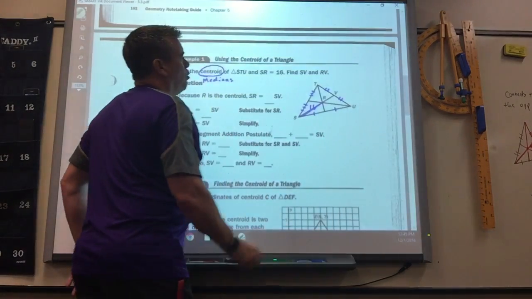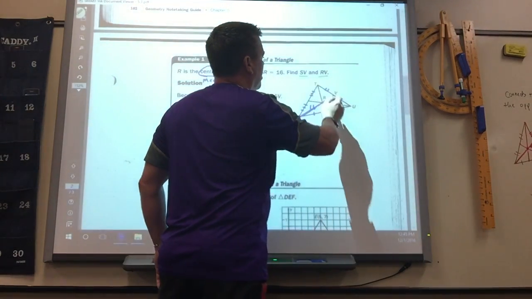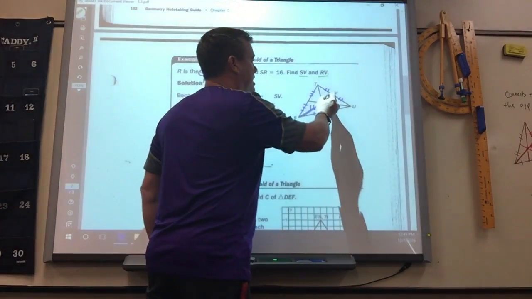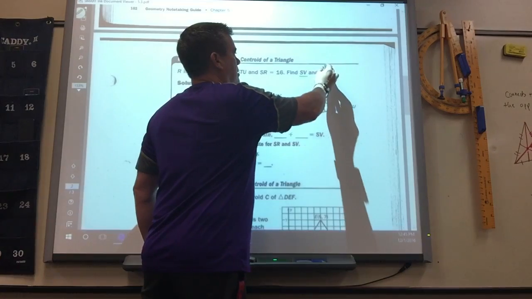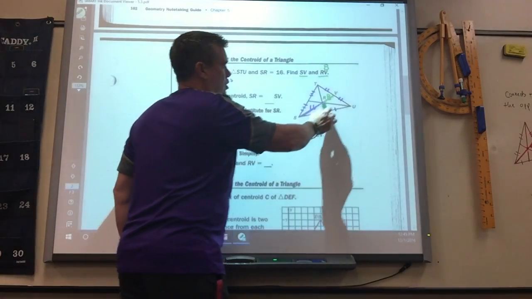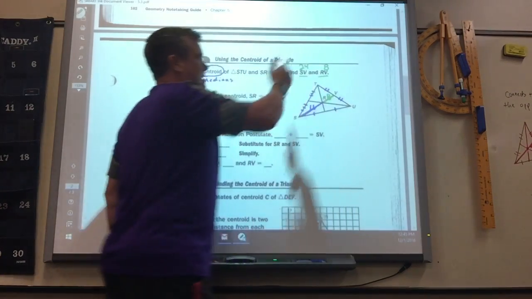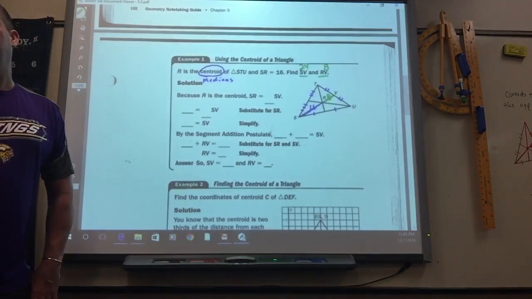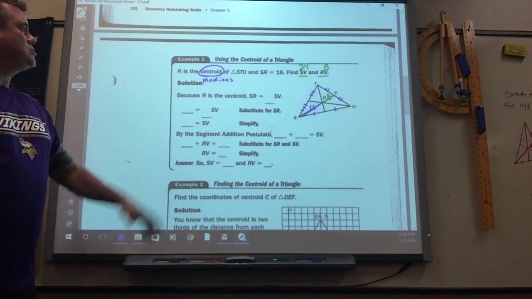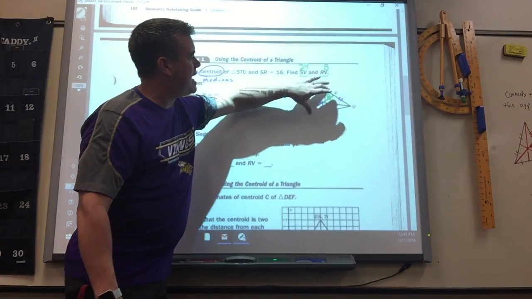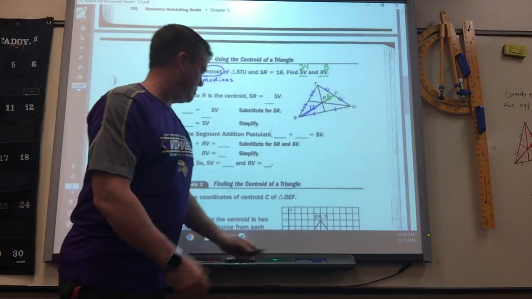So they're wondering, what is SV and RV? RV is half of that, it's 8. So SV is the whole thing, it is 24. That's really what the problems are today. So you need to remember the centroid splits it into pieces where the small part is half as long as the big part.